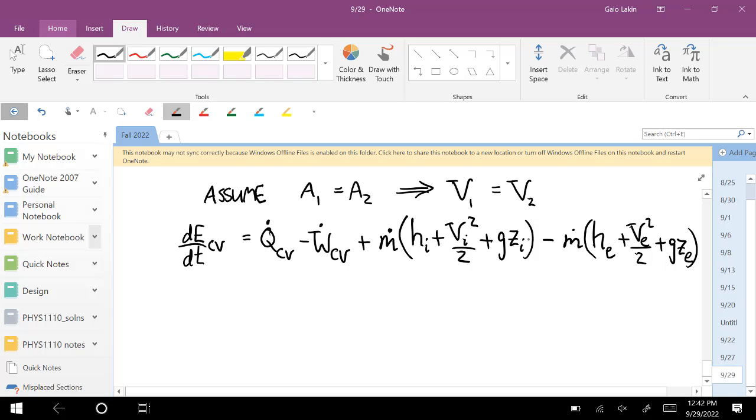This time we're not going to get rid of those potential energy terms. Since VI is equal to VE, these two cancel.